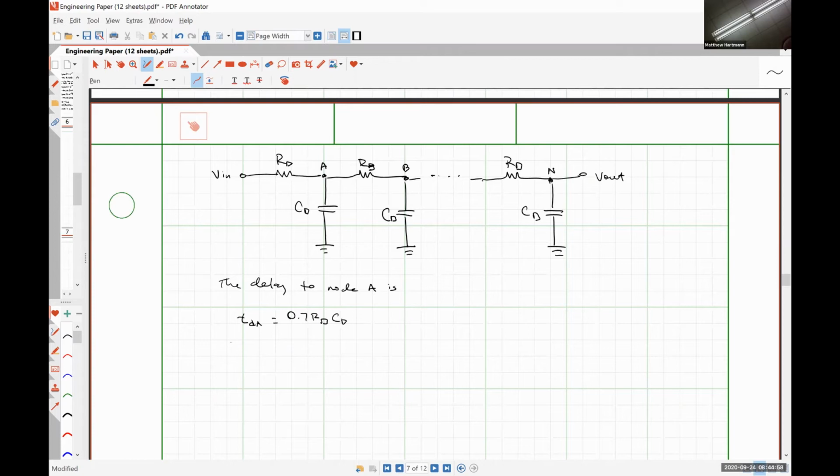But now we have to also account for the delay for the signal to propagate to node B. TDB is 0.7 R square C square plus 2 R square C square, right?